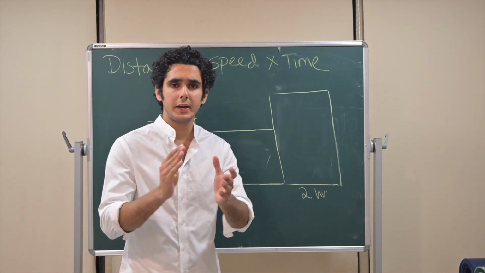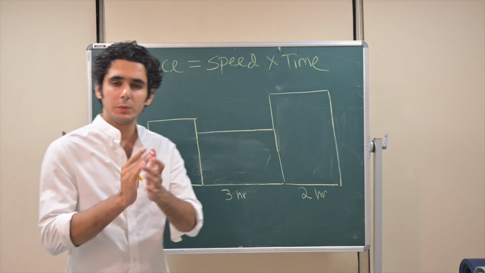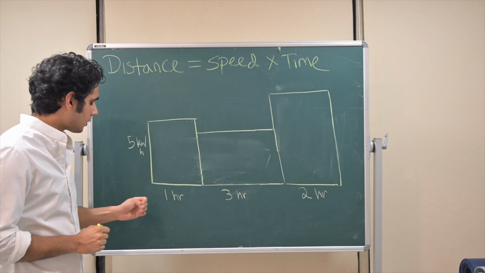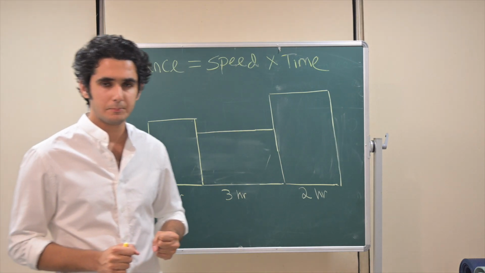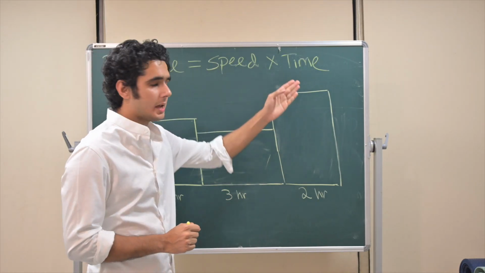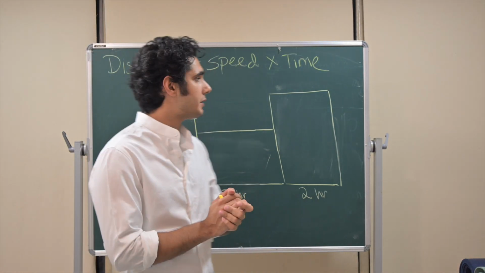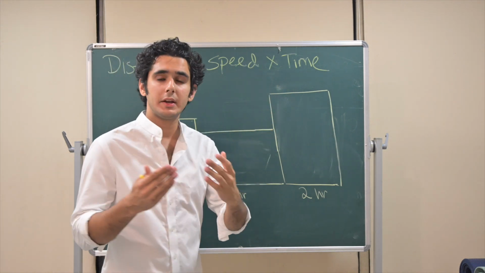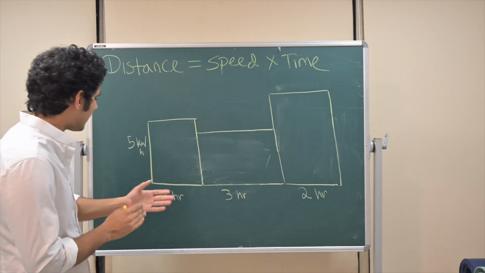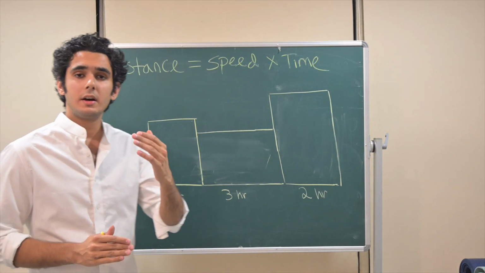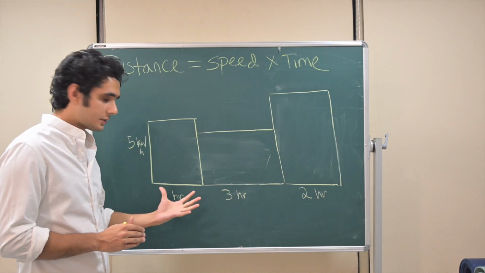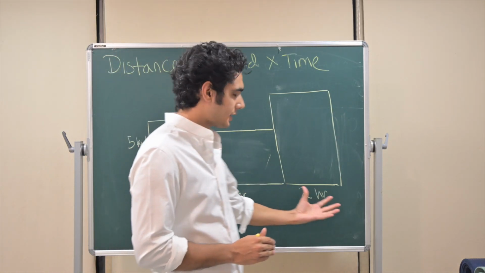And I want to reiterate what we have done here. We were given information about how fast we went across certain intervals of time. We had the knowledge that distance is speed times time. And we had made the discovery that multiplication can be represented by drawing rectangles. So this allowed us to visually represent the distance that we covered across different intervals of time.